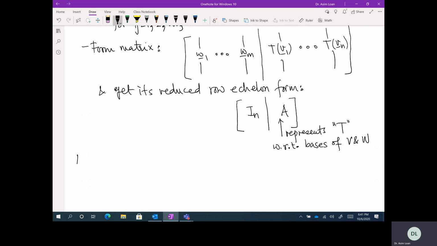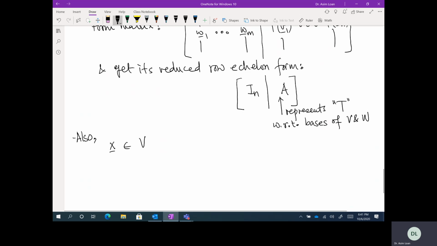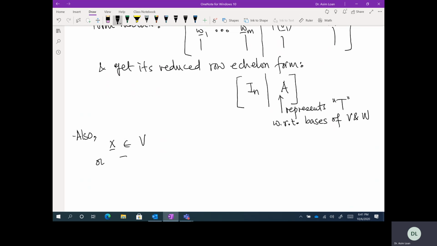Mathematically, if x belongs to some vector space, then T times x is simply T of the sum over j equals 1 to n of xj Vj.